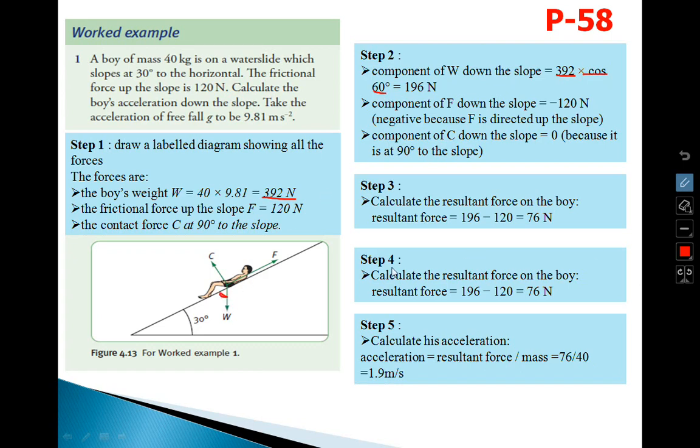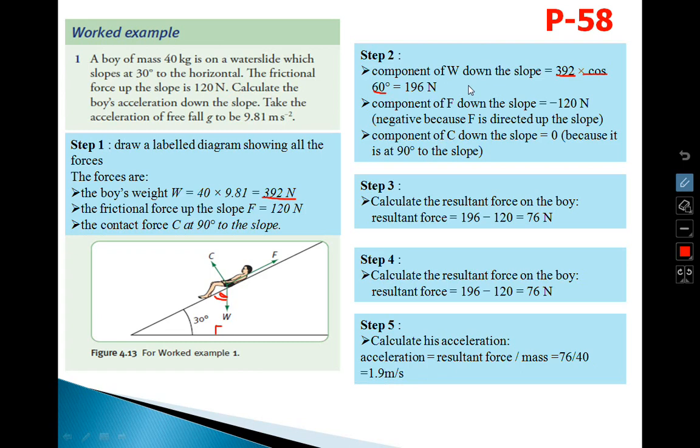It's similar to the previous example, because this one is 90, this one is 30, and the three angles equal 180, so this one is 60. So the component of W down the slope is equal to 392 times cosine 60, which is 196 Newton.